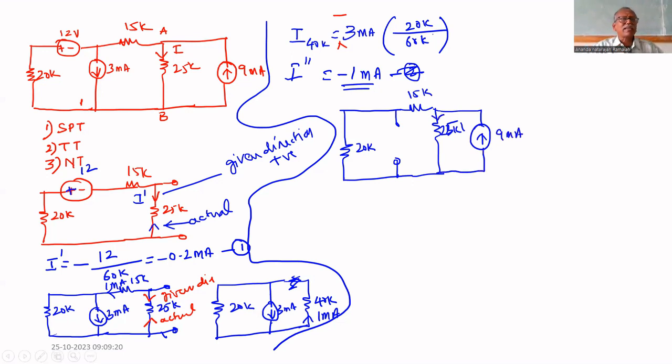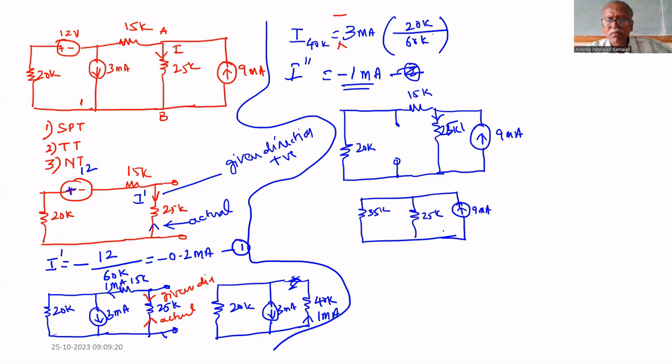Here, the actual direction and the given direction are the same. This 15 and 20 are in series. That's why we can draw one more circuit: 20 plus 15, 35K, and here 25K, 9 milliampere. So we have to find the current through this 25K.